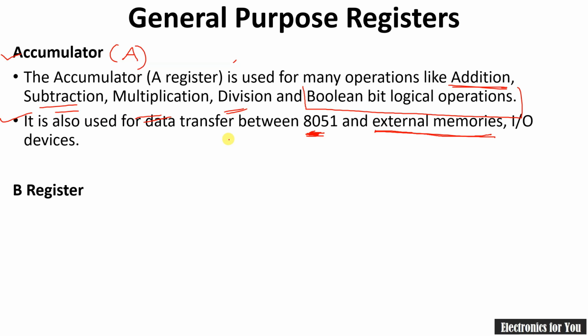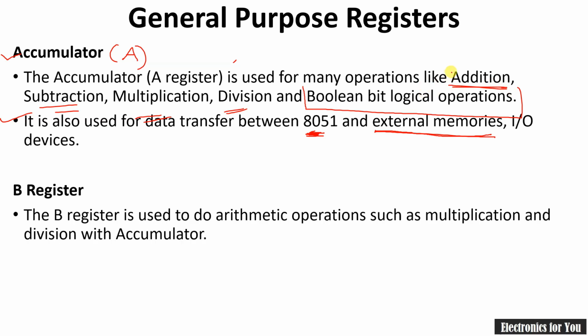Now let's talk about another general purpose register. It is nothing but register B, which can again be used for storing data, and it is involved in arithmetic and logical operations. Directly, we can say B register can be used for operations like multiplication and division.